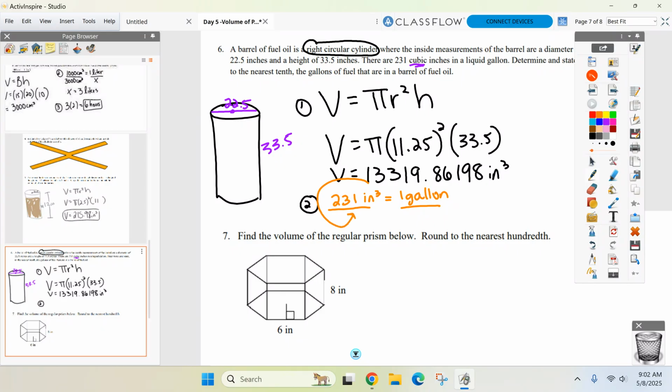Put your volume cubic inches under 231 and let me know in a minute here to the nearest tenth how many gallons that makes.